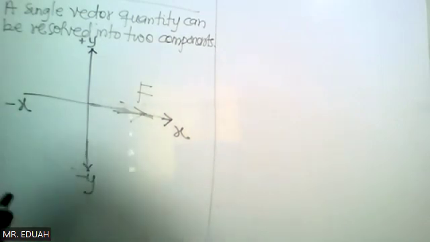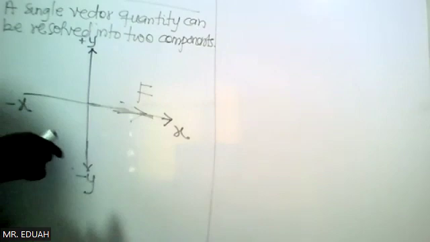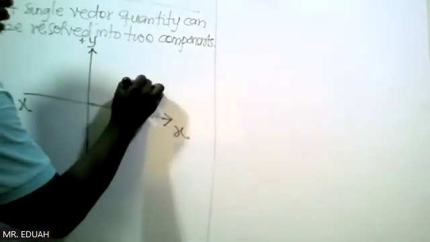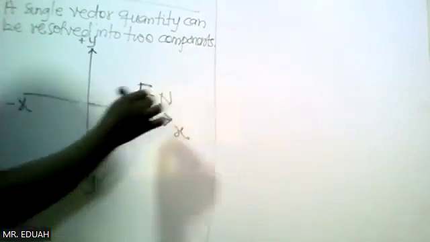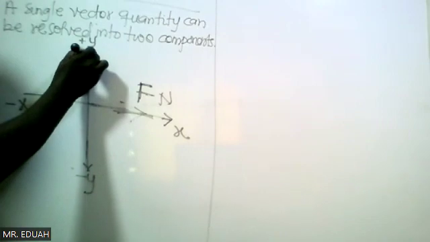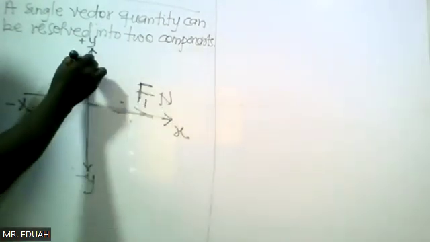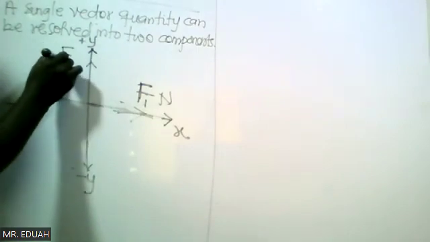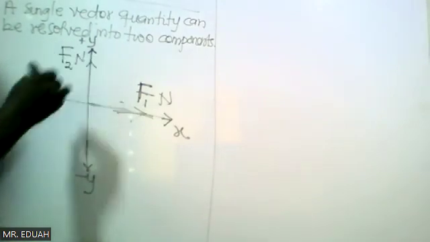So the vector F1 is along the x-axis, F1 Newton. Another one, F2, is along the positive y-axis, F2 Newton.